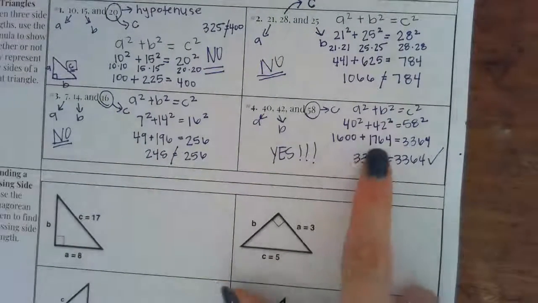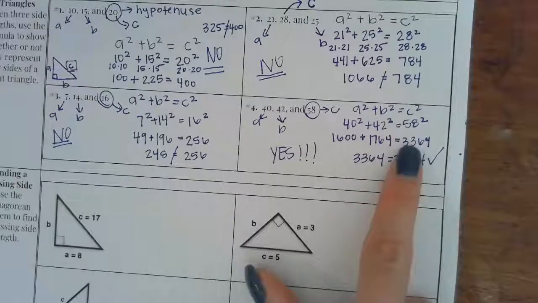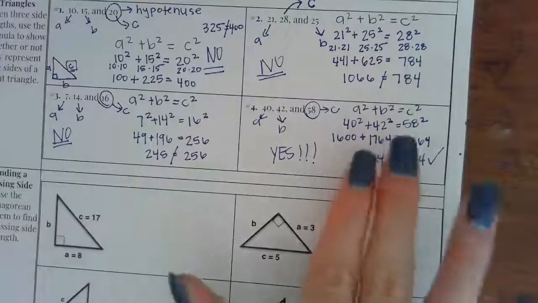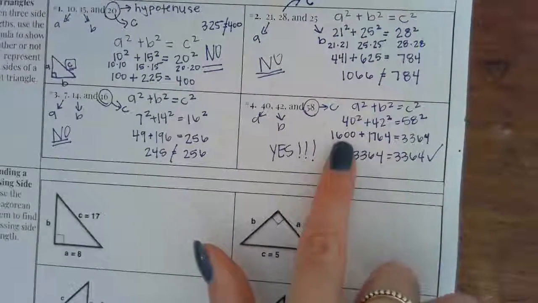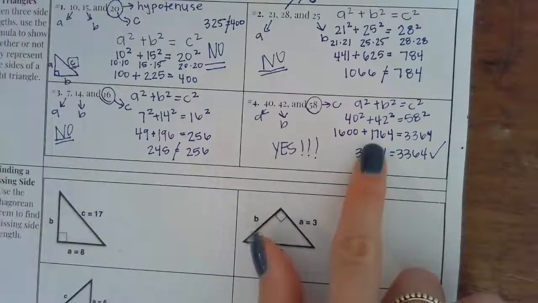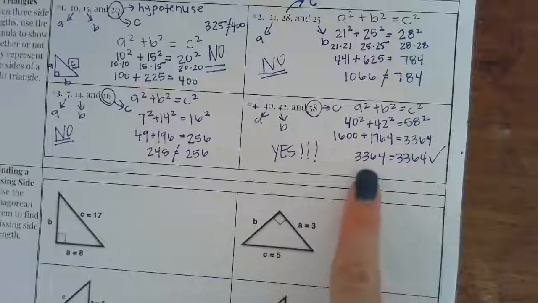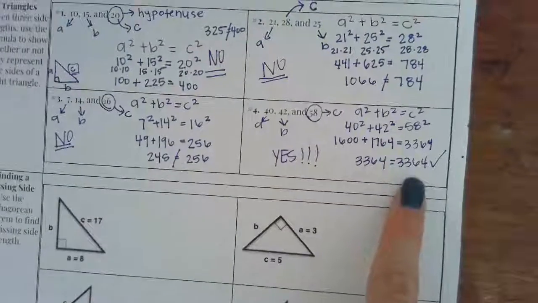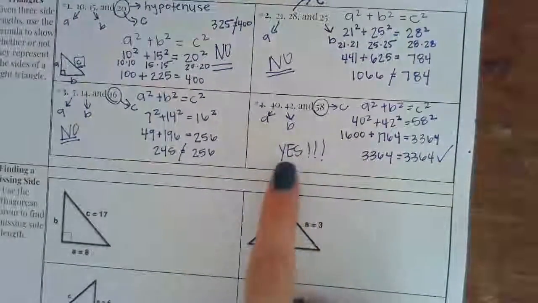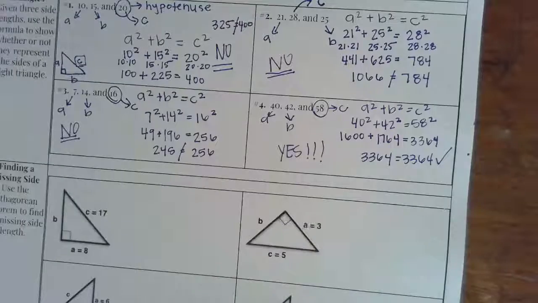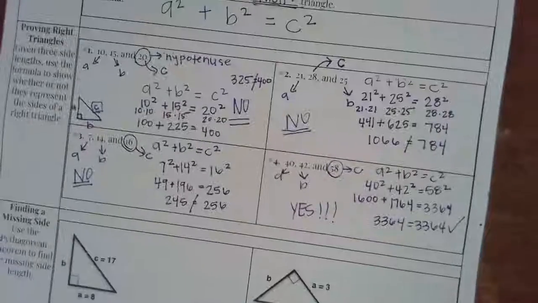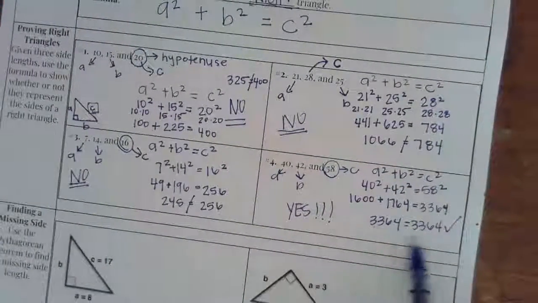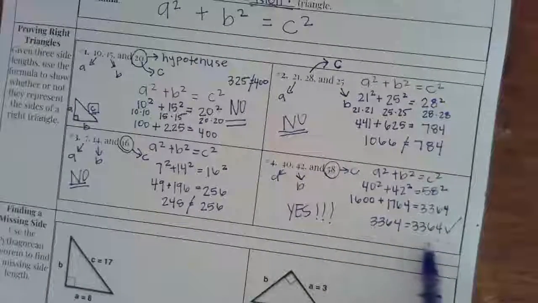So we got 1600 plus 1764 equals 3,364, which is equal to 3,364. Therefore, it is a right triangle. So in order for us to have a right triangle, we have to have a true statement at the end.